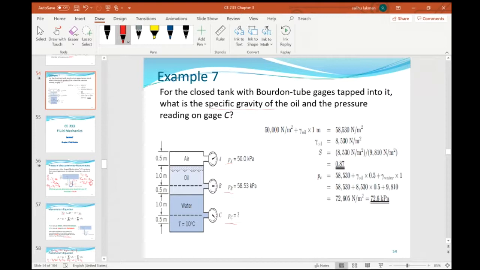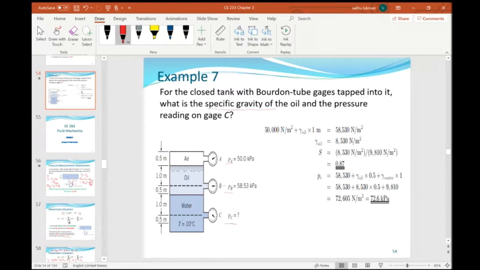So we start from known to unknown. At B we know the pressure, so let's find the pressure at B. We use the height of the oil and the height of the air column. The pressure due to the height of the air column is constant, because it's air; it doesn't really vary with elevation, it's very negligible.